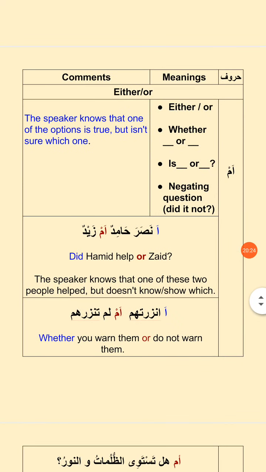Now we are off to the last group, the either-or group. First of all, we have am, then we have o, and then we have imma. And I told you that if you want to remember just one thing about them, just remember that it is either or. Okay, and it could come in various different forms.